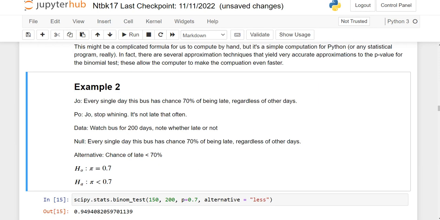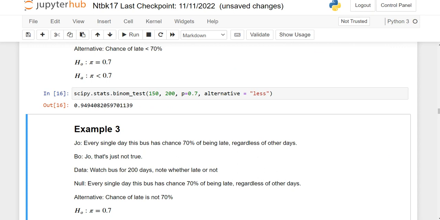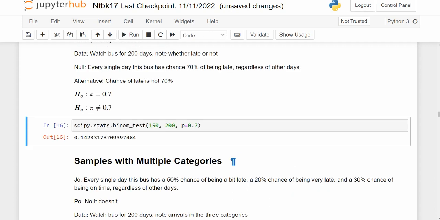All right, if we get past this, I'm sorry. We're failing to reject the null on all of these tests. I didn't mention that. That p-value is much, much greater than 0.05. Also in example 3, with the not equal to, we still have a p-value that was greater than 0.05.